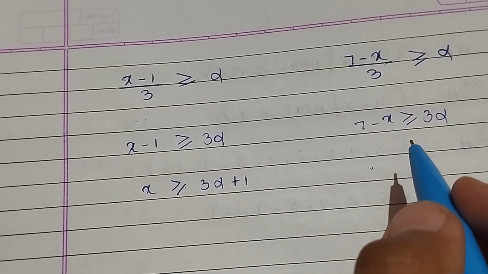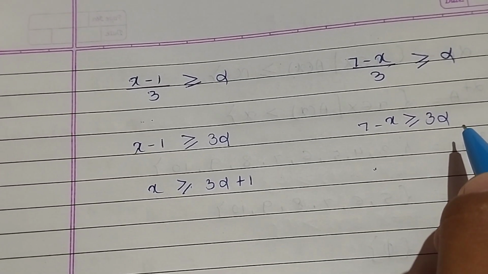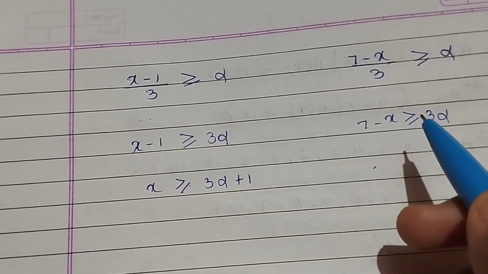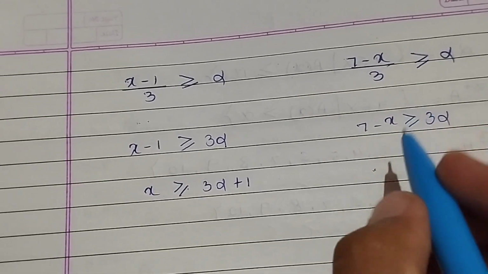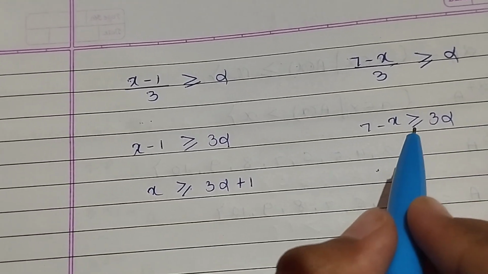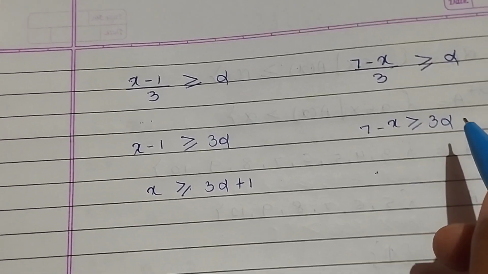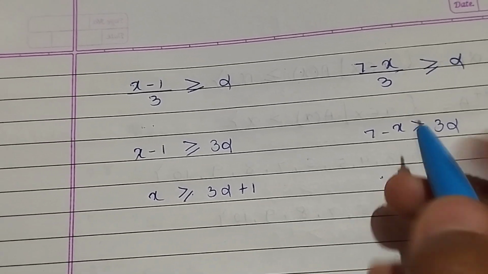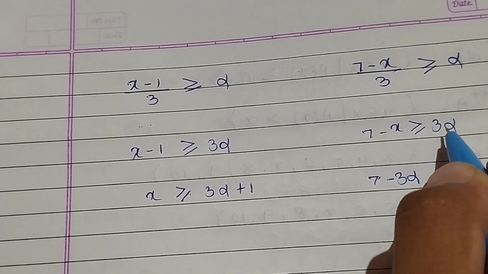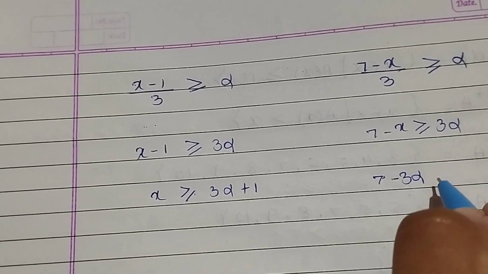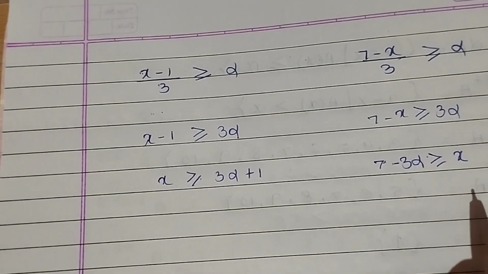If we shift 7 to the right side, then plus converts into minus, and for that we multiply by minus 1. This is the lengthy process. So for simplicity, we only shift minus x to the right side and 3 alpha to the left side. So 7 minus 3 alpha, because this is positive, when it changes side it converts into negative, is greater than or equal to x.